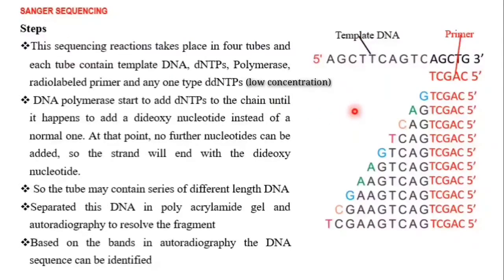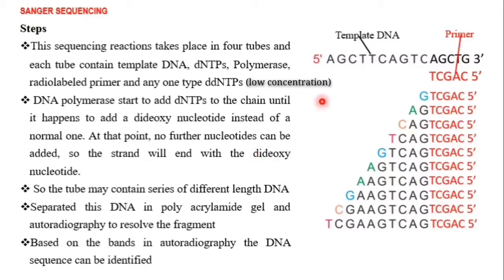Now we can see the steps involved in chain termination sequencing, or Sanger sequencing. Normally, as in the Maxam-Gilbert method, this sequencing reaction takes place in four tubes.